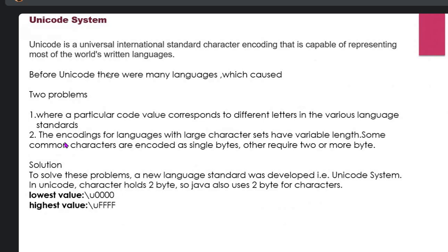Any language that wants to define its own characters, previously they used to have different specifications for their memory size and all. But when we wanted to migrate the application from one platform to another platform, then that conversion or interpretation was wrong, right?